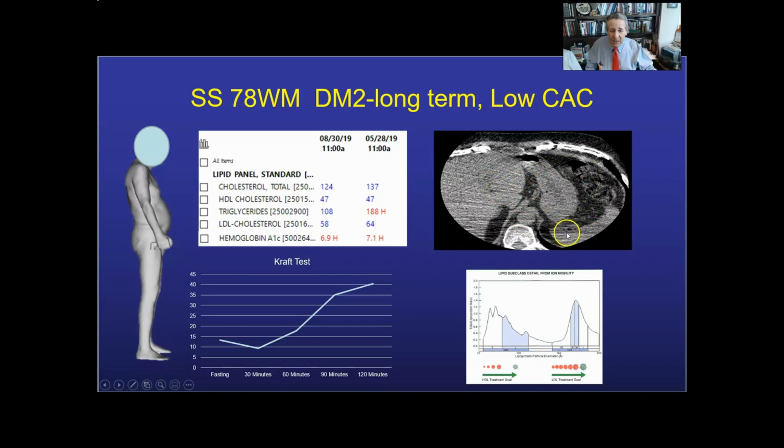Here's liver, spleen, and this visceral fat. He has small LDL particles, and what you see here is this Kraft test. His beta cells are not generating a lot of insulin, and it's very, very delayed, which is why he's walking around hungry all the time. He can't access his fat stores or even his carbohydrate stores with this level of insulin.